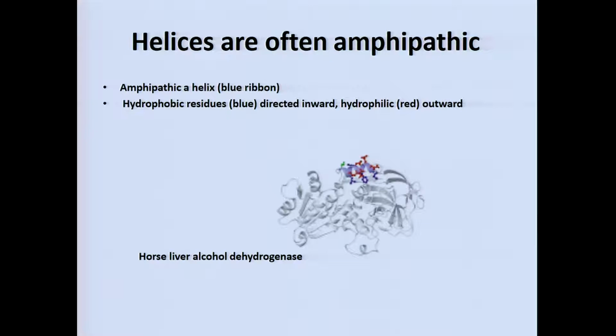They are pointing inward, and hydrophilic red in color are pointing outward. So this is the reason they are often present on the surface of the protein. The hydrophobic amino acids are pointing inside the core of the protein, and hydrophilic outside to maximize the hydrogen bonding and to make this helix more stable.